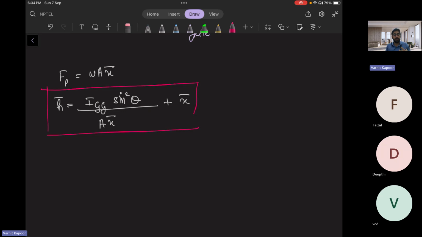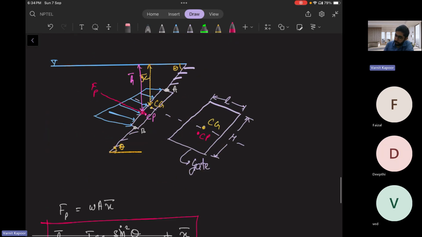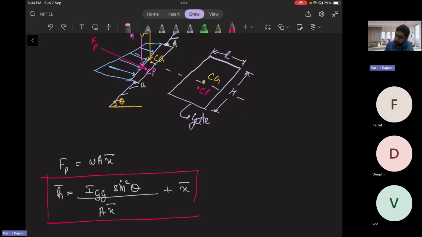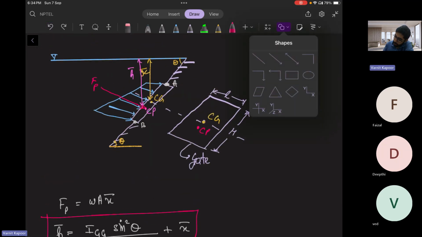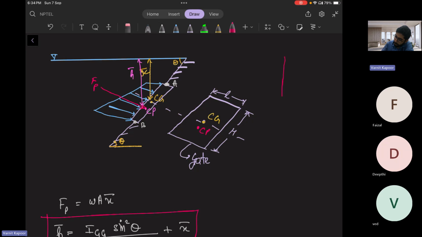Great. So how do you get the value of x bar? Just by geometry you can draw it here. If you observe this, this is your triangle. I'll draw this triangle here. This distance was x bar, and this was angle theta.